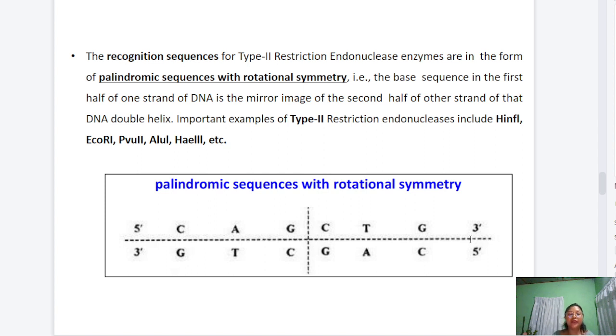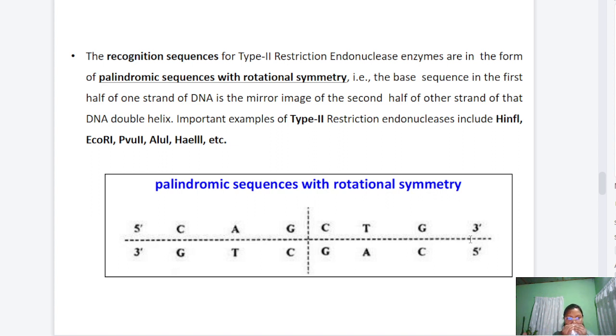Again, the recognition sequences for type 2 restriction endonuclease enzymes are in the form of palindromic sequences with rotational symmetry. So unlike type 1 and type 3, type 2 recognizes the sequence site, and once it recognizes the target site, it is a palindromic sequence, which means all type 2 restriction endonucleases have a restriction site of the palindromic pattern.